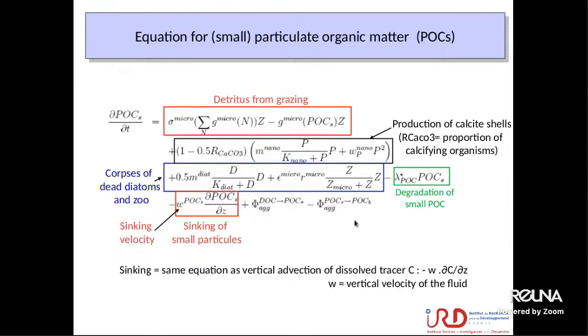And then you have the aggregation terms that I described just before. This term is exactly like the vertical advection term of a dissolved tracer when you have minus W dC/dz, where W is the vertical velocity of the fluid. Here, W is not the vertical velocity of the fluid, it is the sinking velocity of the particle.